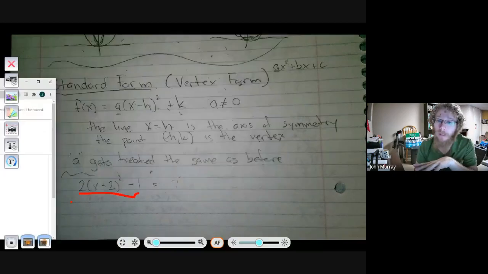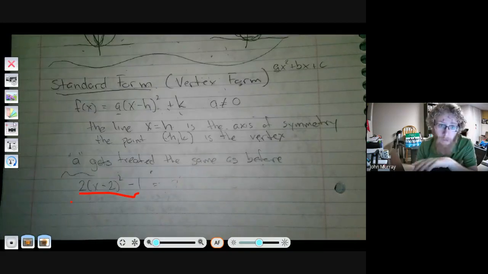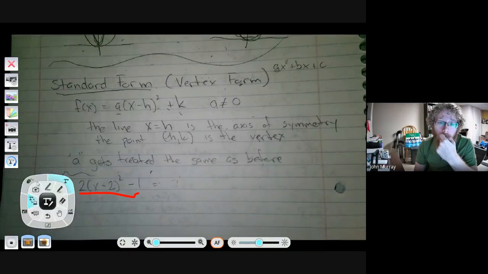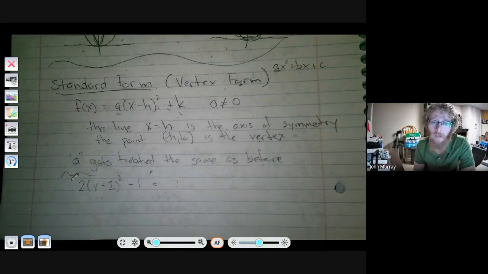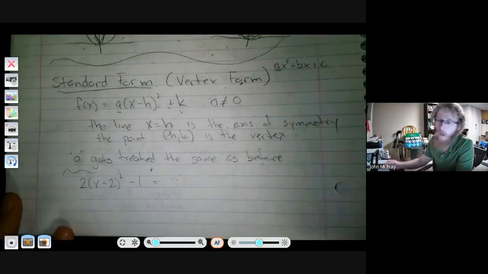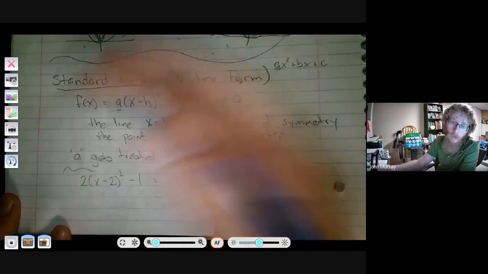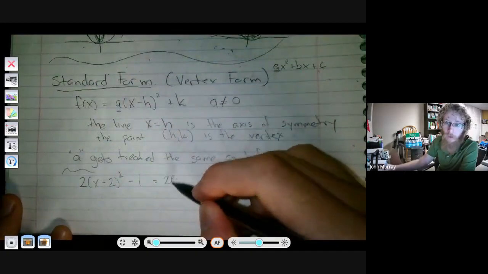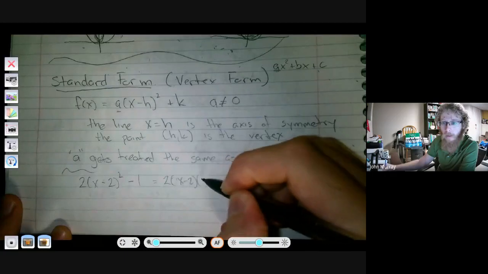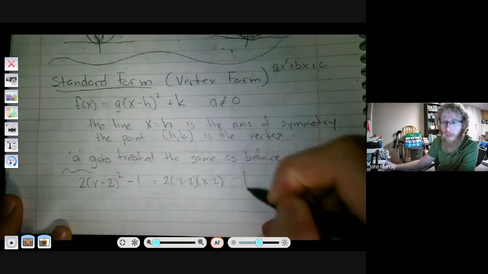Okay, so one thing that we can do, right? So if we're given, I'm going to come back here. Get rid of this. Okay, so if we have this vertex form here, one thing we can do is we can expand this, right? So I can have 2 times x minus 2 times x minus 2 minus 1.